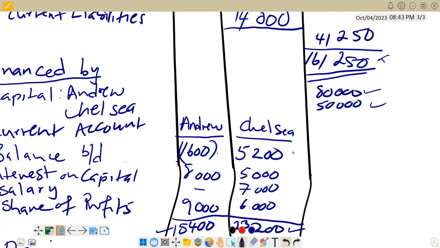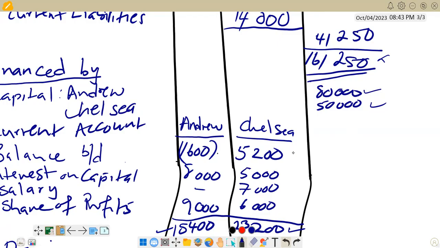So please take note of the layout. When you start from non-current assets, where do we go? We go to current assets. From there, where do we go? We go to current liabilities and subtract current liabilities from current assets. Then we get the net balance, we add it to non-current assets, we get the first balancing figure, and we go to the financing section. We start with the capital accounts, we put it in the last column there, then we go to the current account.